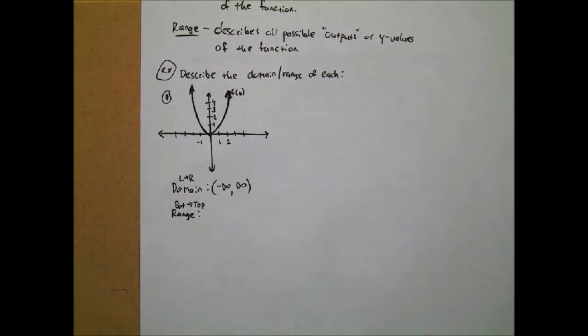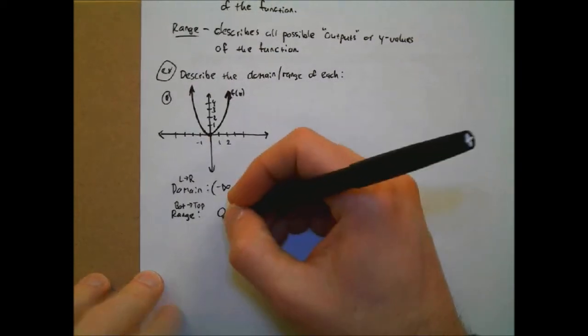Is our range going to be -infinity to infinity too? Same thing? Why not? Oh, what's the stopping point here? 0. Yeah, our lowest point, we don't go any lower than 0. We get to 0 right there. So we're going to say our lowest, bottommost point there, y value again, is 0.